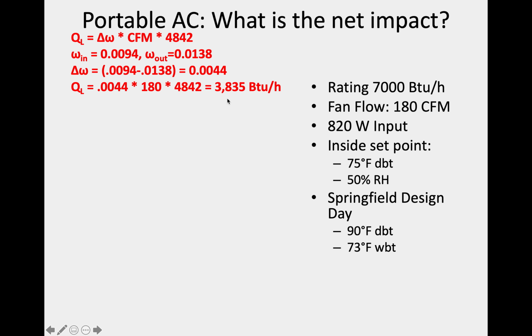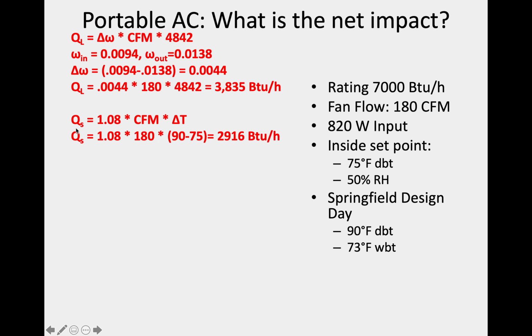So we have 3,835 BTUs per hour that have to be removed by just the latent heat that we have introduced by operating the AC, not the energy that you're trying to remove from the solar gains or the people inside the room or even other air leaks. That's just the added energy that has to be removed.